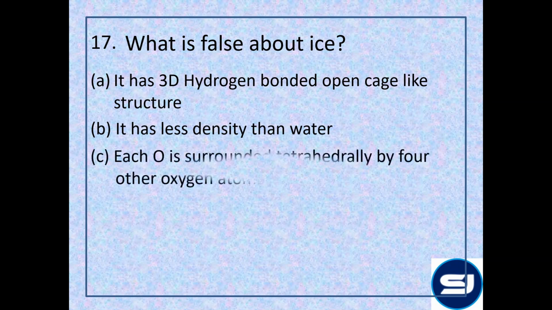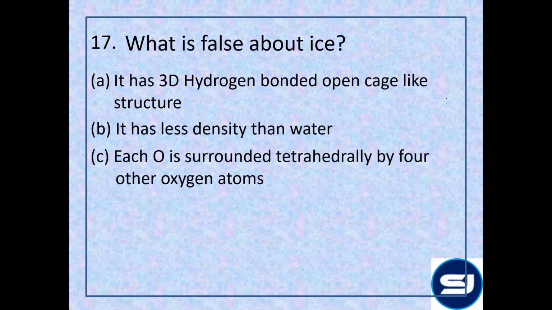Correct? Each oxygen is surrounded tetrahedrally by 4 other oxygen atoms. What about this? That's right, because in water we have HOH. The oxygen has 2 lone pairs and a delta negative charge, with which the H of another water molecule is associated.